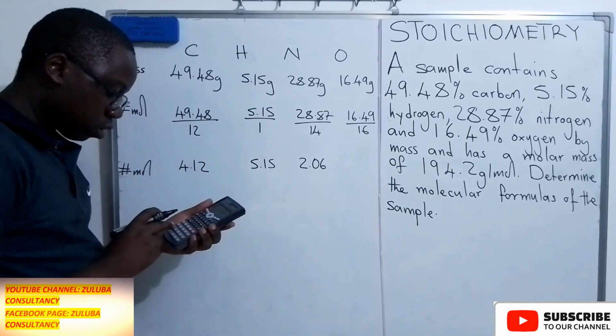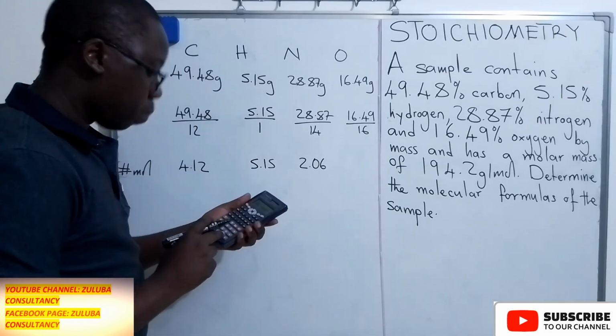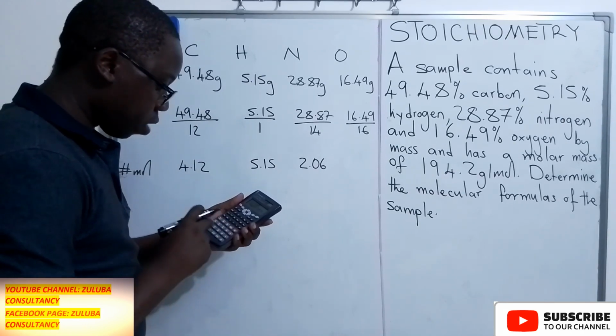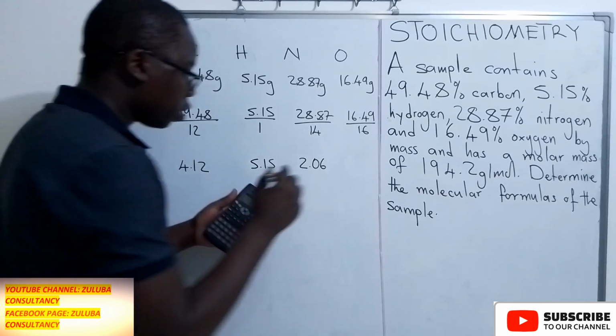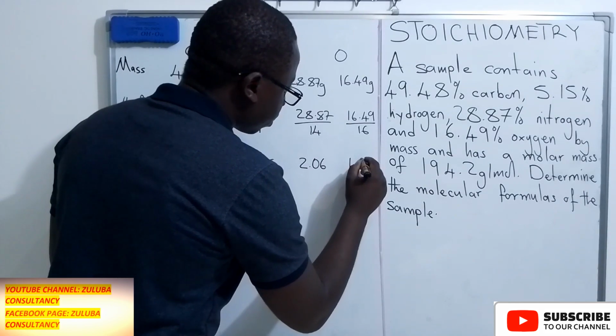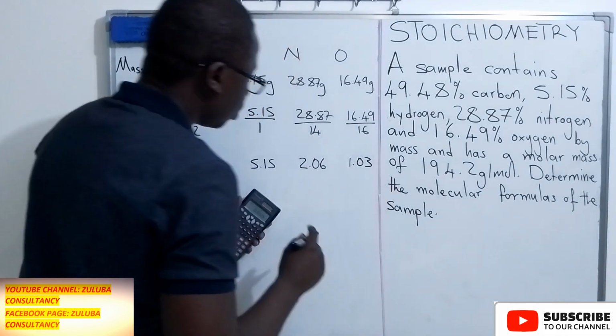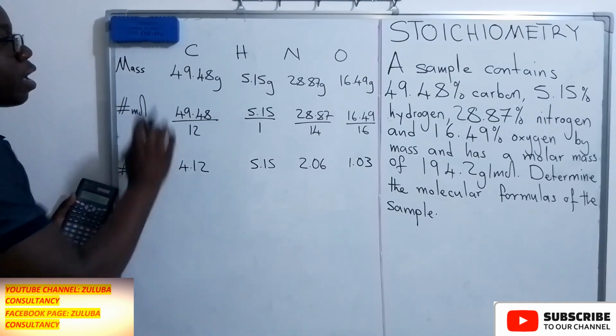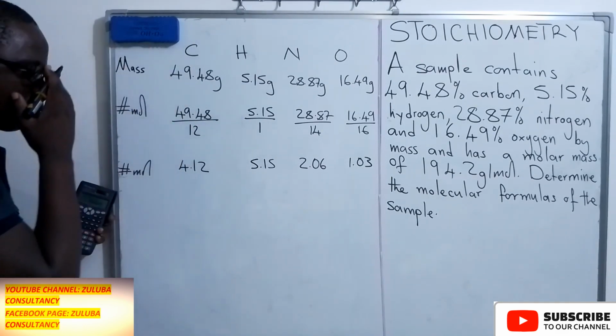And then oxygen: 16.49 divided by 16 gives 1.03. So these are the number of moles of each element in this sample.